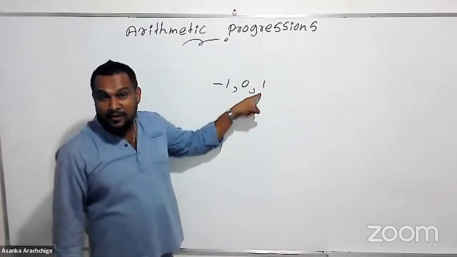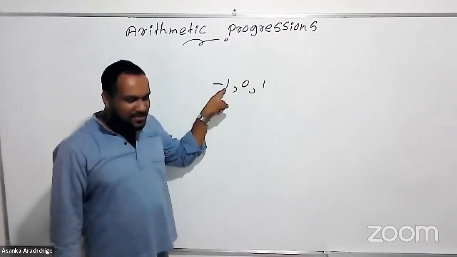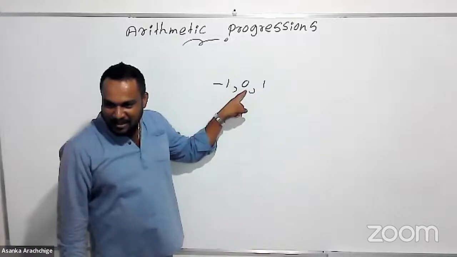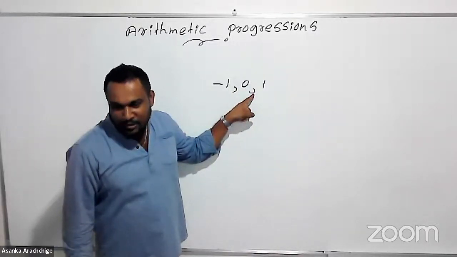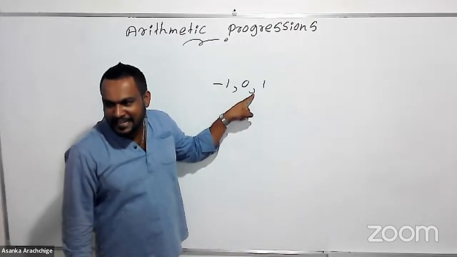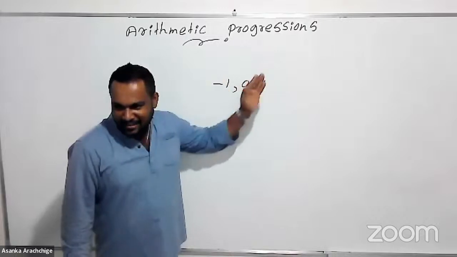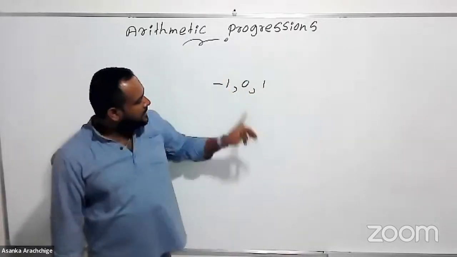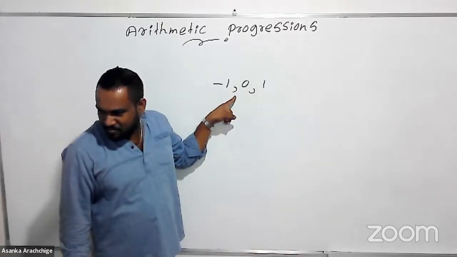In the pattern of whole numbers, this number comes after this number. And this number comes after this number. Then they are called successive terms and also called consecutive terms. So these are three consecutive terms of the pattern of whole numbers.